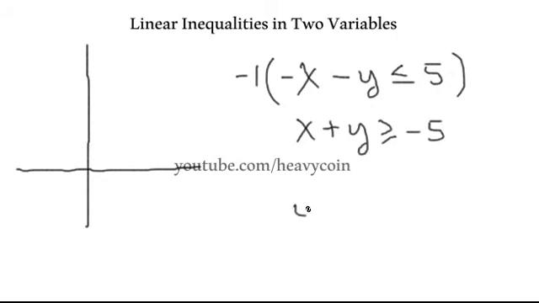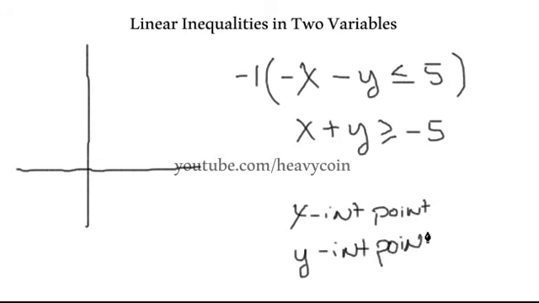So we want to find our x-intercept point and our y-intercept point. We want to find both these points, and then we can draw a line through both points. So to find the x-intercept point, we're going to remember that's where it crosses the x-axis, so we're going to let y be 0.